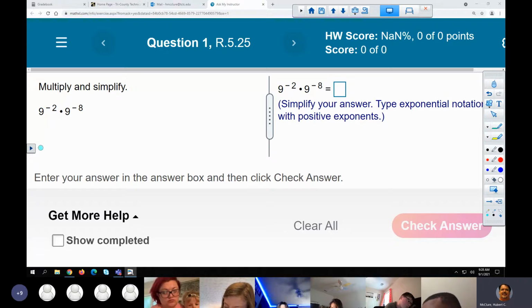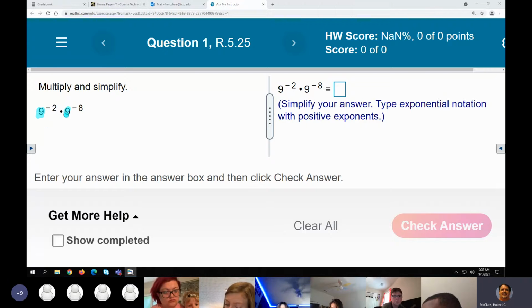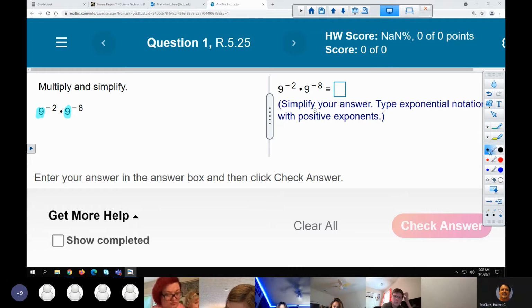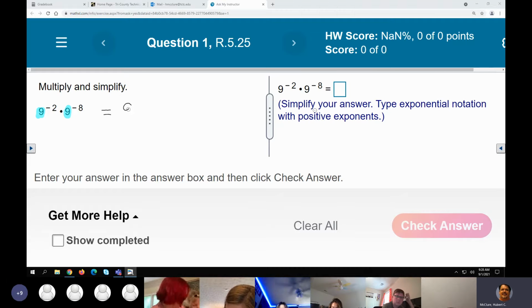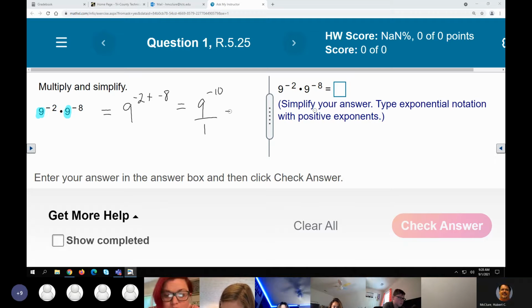If the bases are the same, and you're multiplying, you add the exponents. That's the product rule, and y'all should know that from algebra. So that's going to be 9 to the negative 2 plus negative 8, which is 9 to the negative 10 over 1. So flip it, and that becomes 1 over 9 to the 10th power.